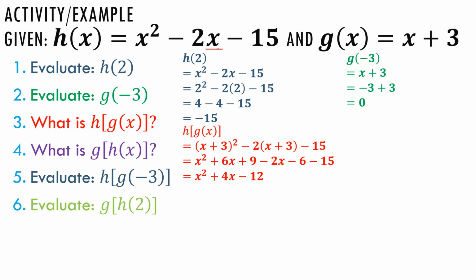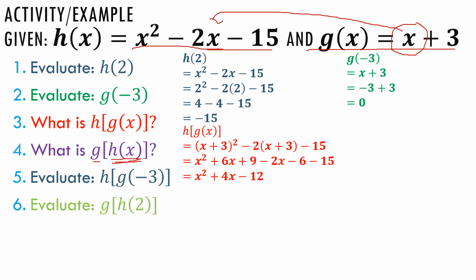How about number 4? What is g of h of x? Ngayon, baliktad na naman. Yung buong h of x ang magiging x dito sa g. So, ito yung g. Lahat ng x dito ay magiging buong h of x, which is x squared minus 2x minus 15.